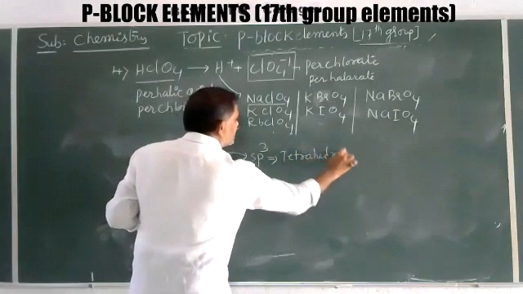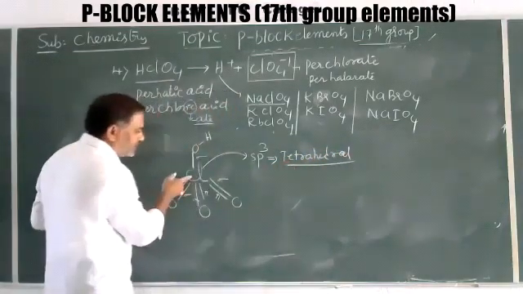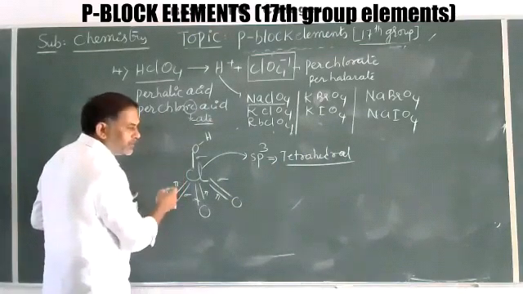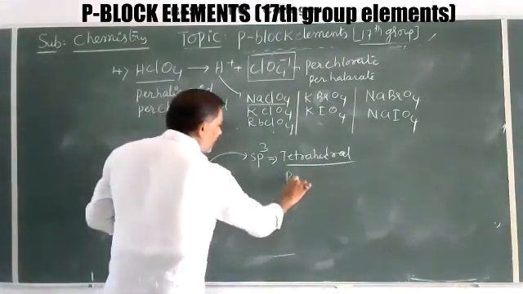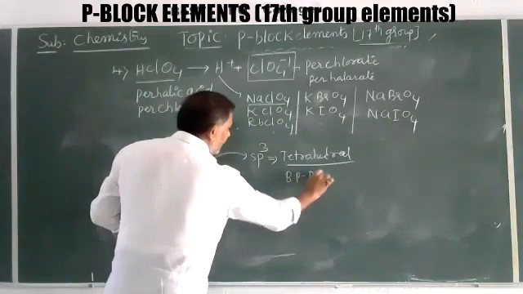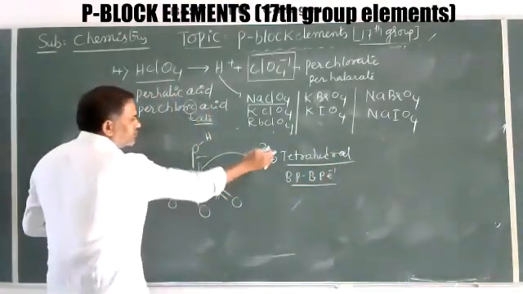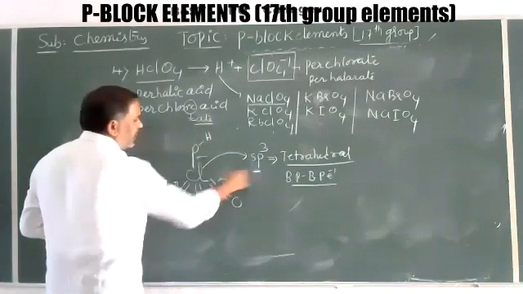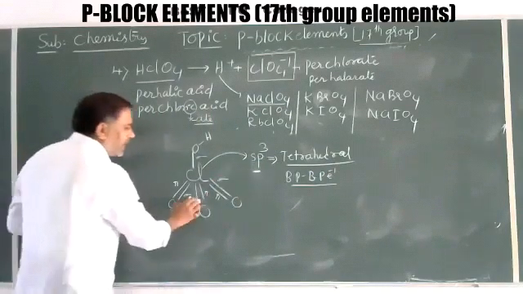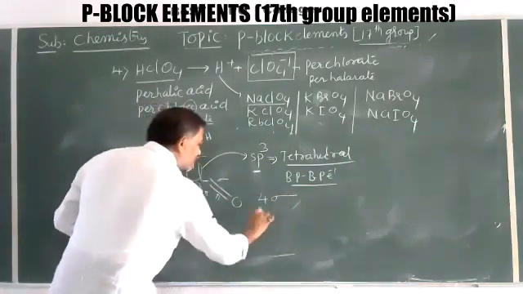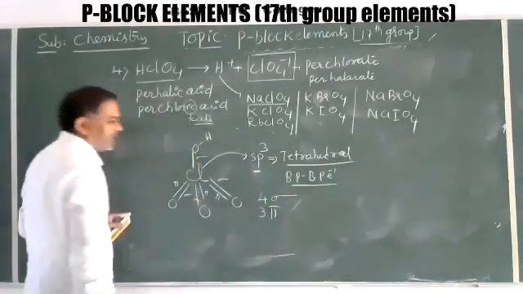There is no lone pair and bond pair repulsion, only bond pair and bond pair repulsions. That's why the geometry is tetrahedral and sp3 hybridization takes place. There are 4 sigma bonds and 3 pi bonds.